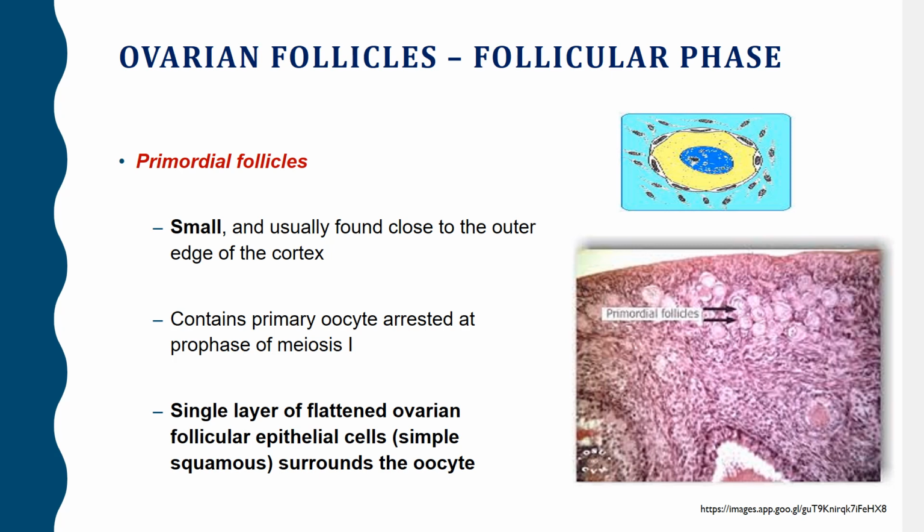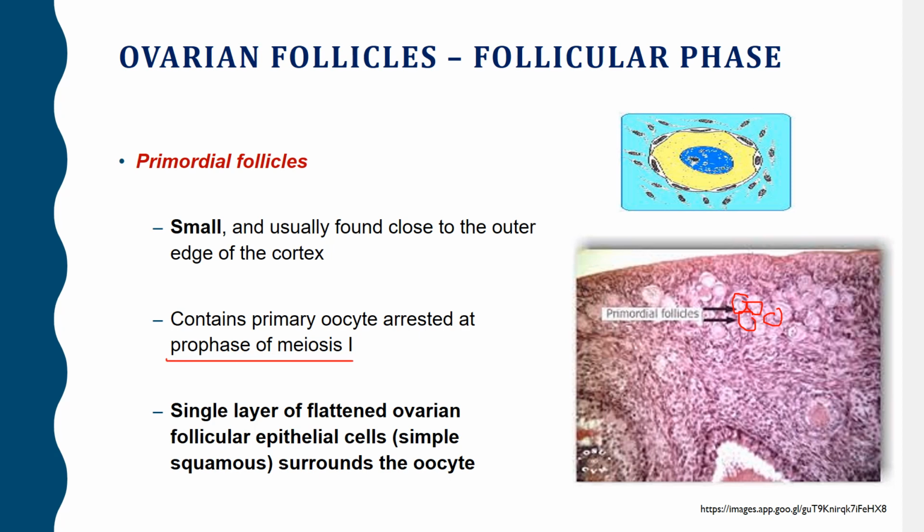The follicular phase of your ovarian cycle starts off with the primordial follicles, which are very small follicles that you'll find at the outer edges of the cortex of the ovary. In this follicle is where you'll find your primary oocytes, which have been arrested at prophase of meiosis 1.